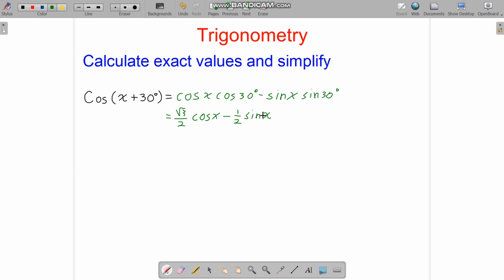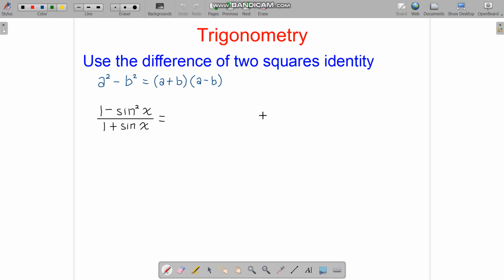So it's just simpler. From here you can maybe use the auxiliary angle method and so on.